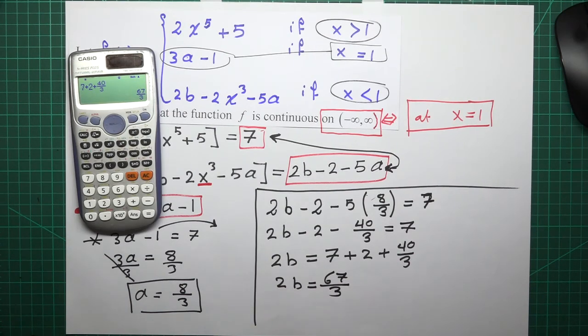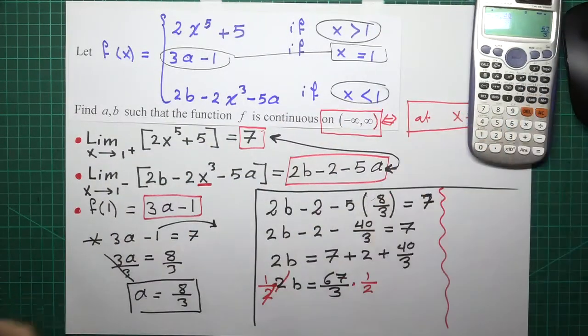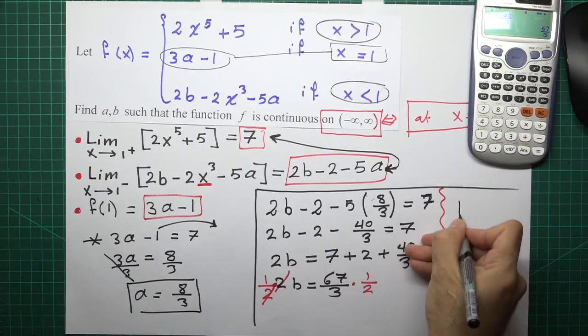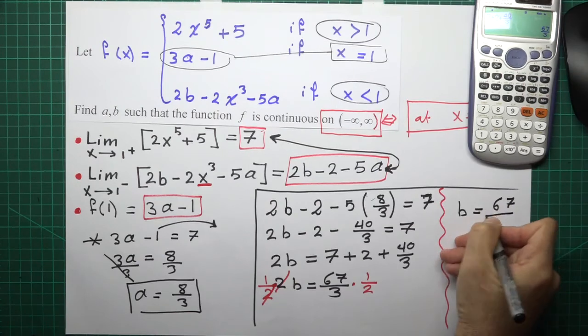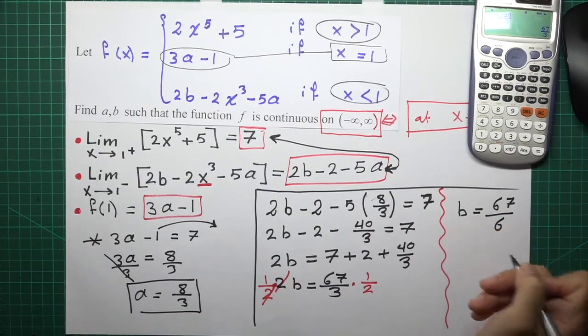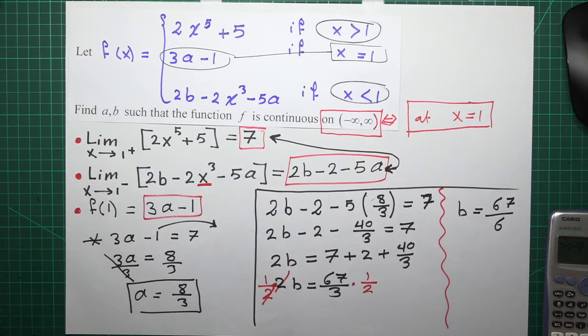Then we can like multiply this side by 1/2 and this side by 1/2, so we can eliminate 2 with 2. The remaining is b equals 67 over 6. انتهى حل هذه المسألة يا أصدقاء.